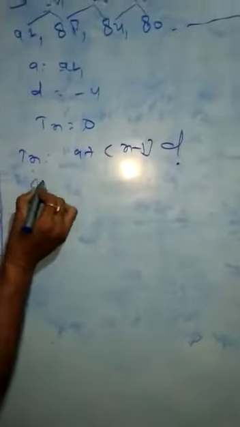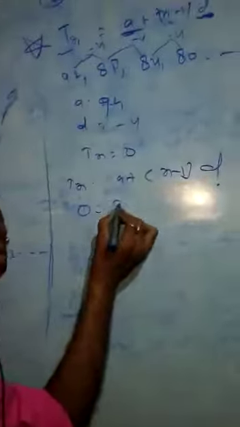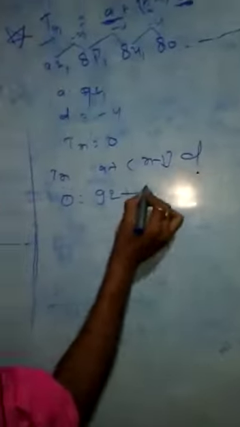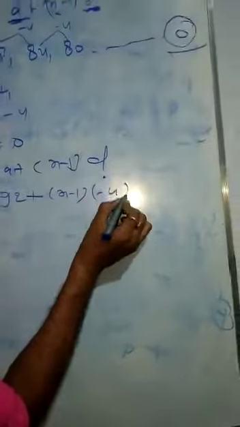The Tn formula is A plus (N minus 1) into D. Tn is 0. A is 92, so I write 92 plus (N minus 1), and D is minus 4. Now the minus 4 comes here as 4 into (N minus 1).